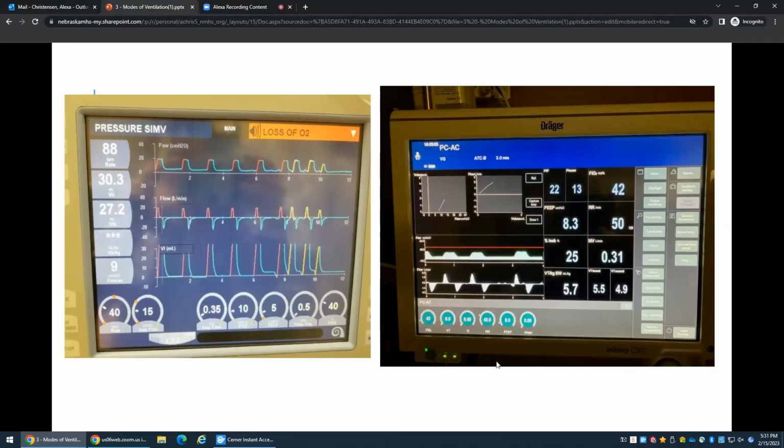On the Draeger, same-ish idea, a little bit different though, a little bit upgraded. Pay close attention. On the Draeger, your FiO2 is in the spot where your rate is on the AVIA.